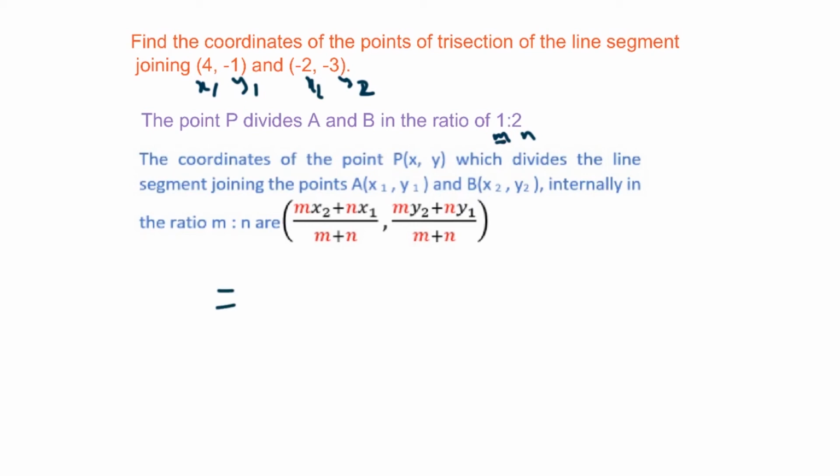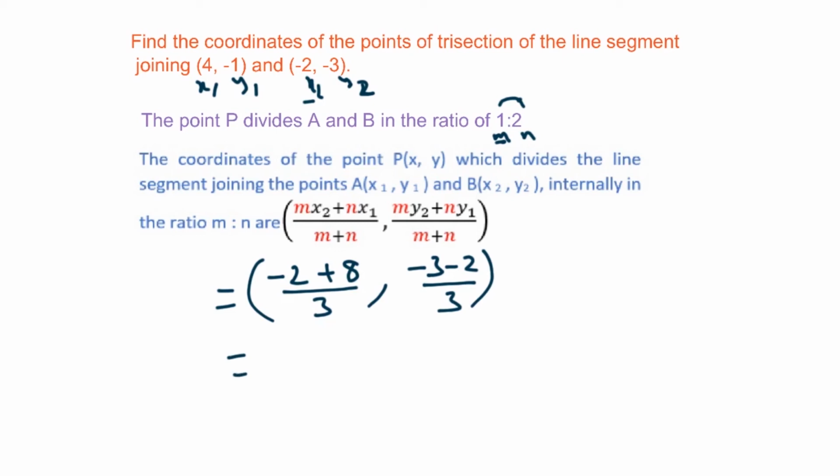So here m is 1, 1 times x2, x2 is minus 2, 1 times minus 2 is minus 2, plus n x1, n is 2 and x1 is 4, 2 times 4 is 8, divided by m plus n, 1 plus 2 is 3. Again m y2, m is 1 and y2 is minus 3, so 1 into minus 3 is minus 3, and n y1, 2 into minus 1, minus 2, divided by 3.